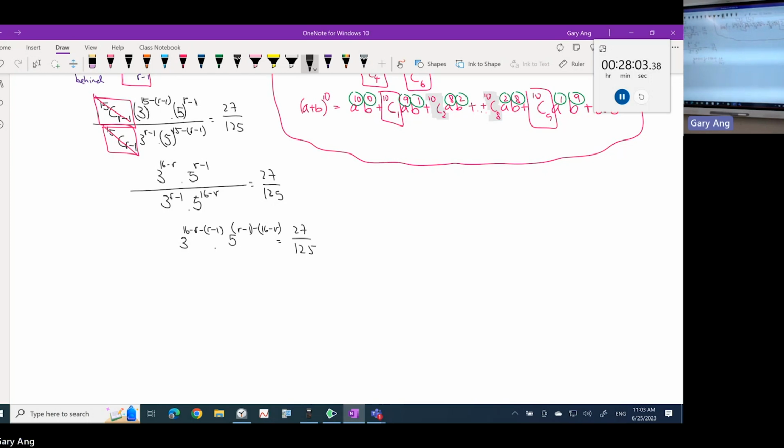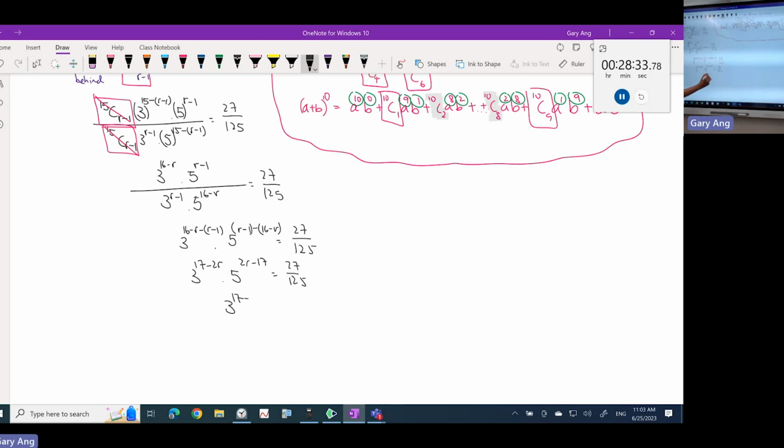If you are a bit alert, you should actually, never mind. Doing it this way will be safer. At the end of the day, your 3 power is 17. Wait, hold on. Is it 17? Yeah, 17 minus 2R. The power of 5 is 2R minus 17. You should know that 17 minus 2R and 2R minus 17 are quite similar.